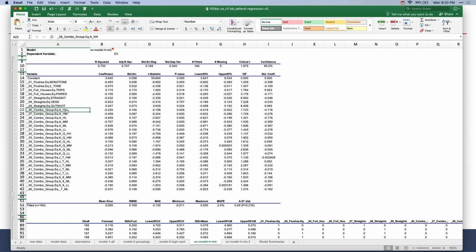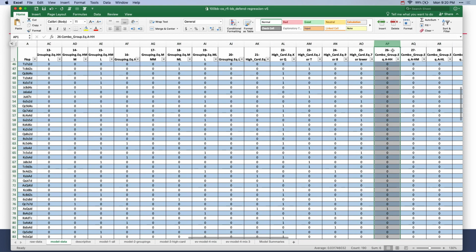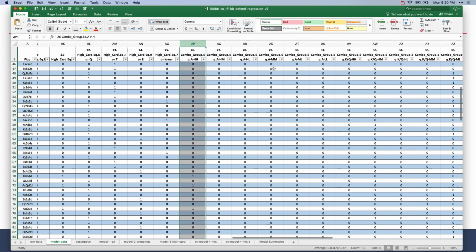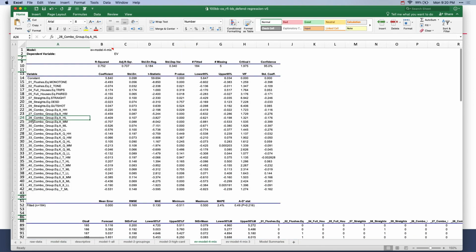So we'll have an ace high flop, an ace high medium flop, an ace high low flop, etc. And that's what these data points are. If you go out from 26 on, it's the same thing, dummy variables here, but it's just grouping them into different combos. So I built this model, and I found that this was much easier because it's combining those two together into one value.